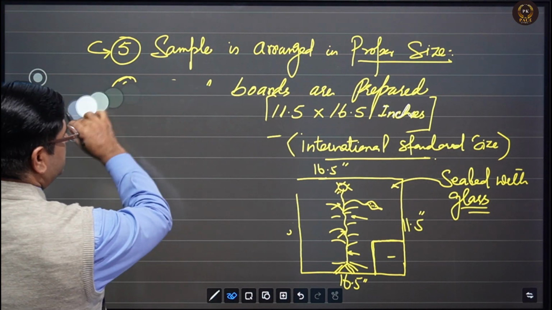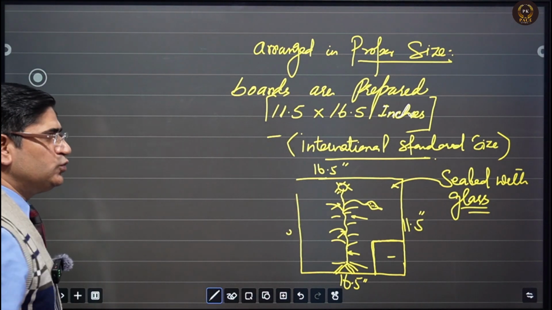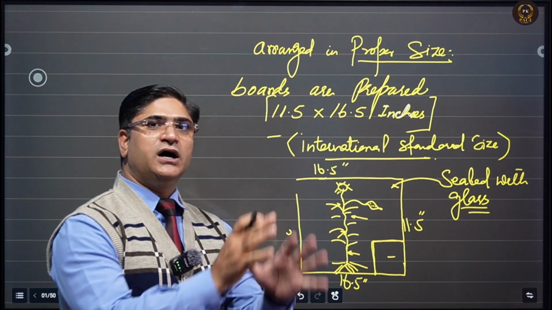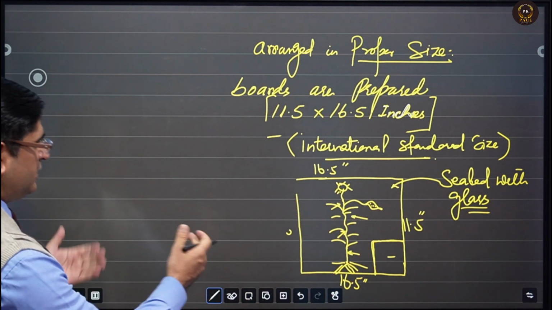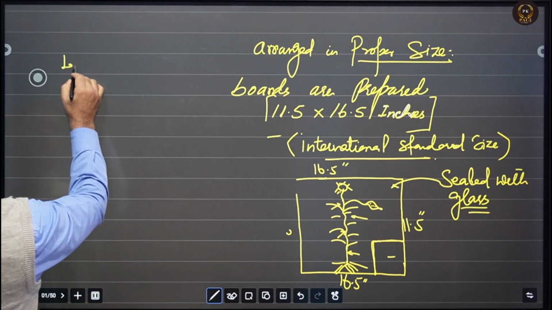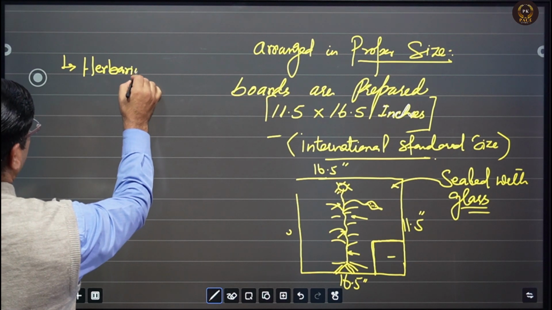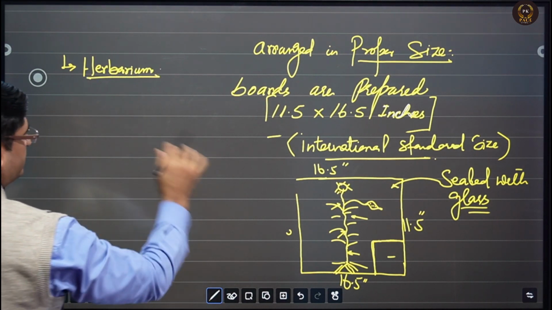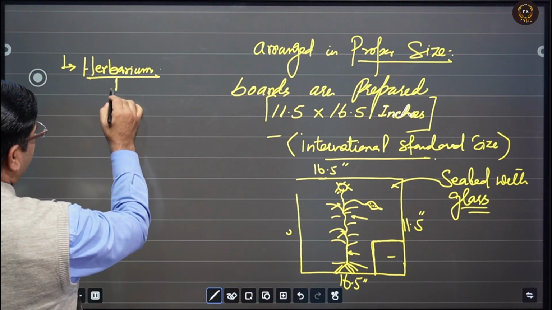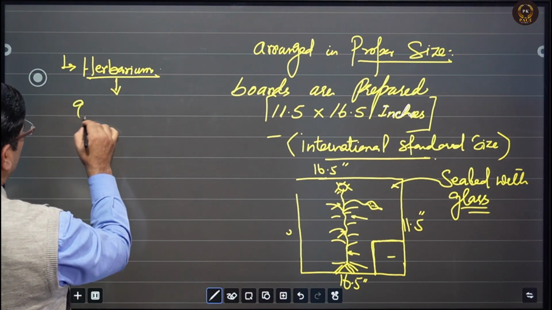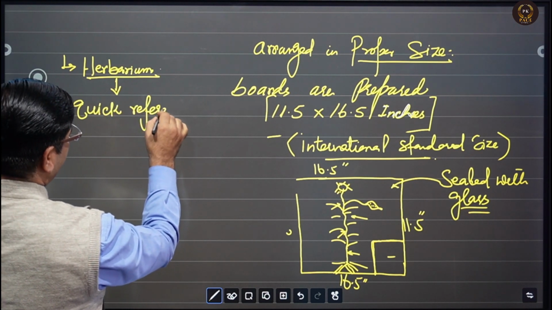So how is this kind of taxonomical tool, the herbarium, helpful to us and to society? Remember, the herbarium, the storage house where these specimens are stored in a proper way, functions as a quick referral system.